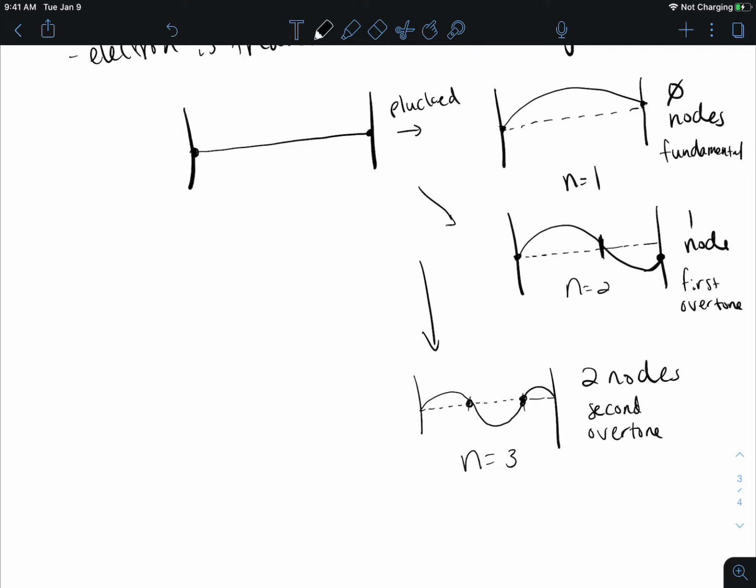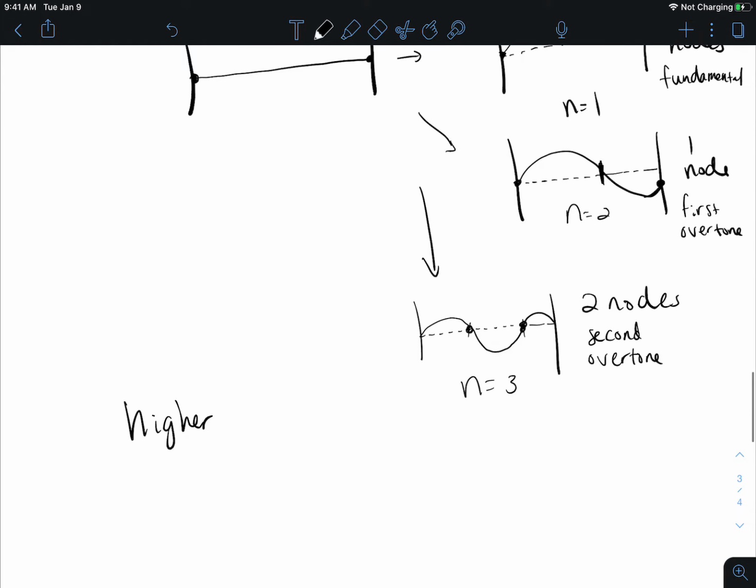So, higher frequencies have more nodes. As our n value becomes larger, we will have more nodes. Okay?